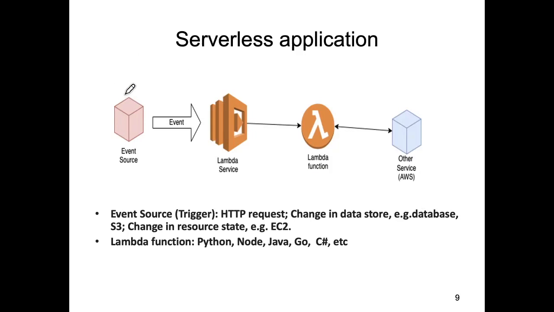So the source of the event that triggers the execution of your Lambda function, you describe that in your infrastructure code. But whatever the source of the event is, when the event happens, that event is handled by the Lambda service, and the Lambda service then takes care of directing the detail of the event to your Lambda function.